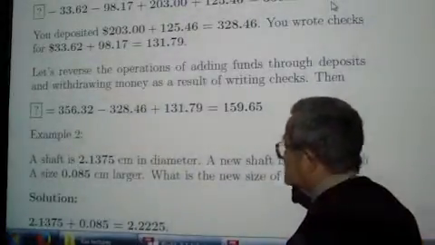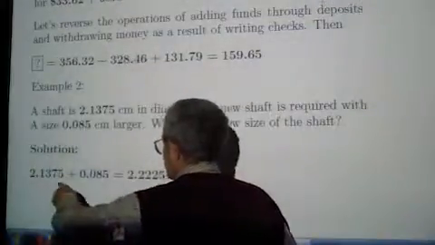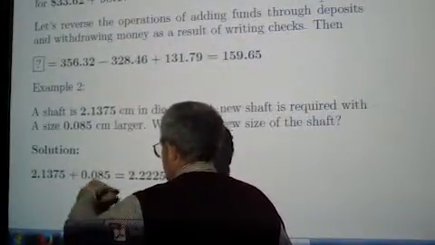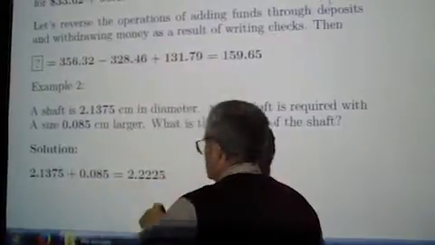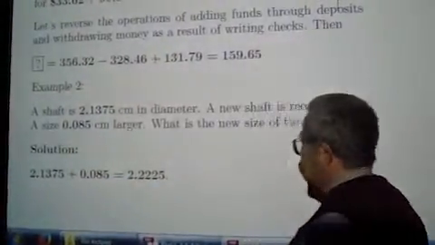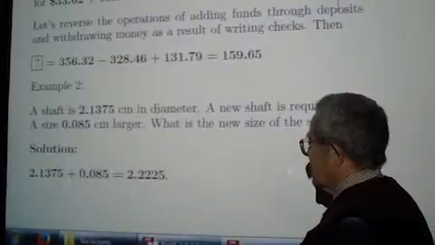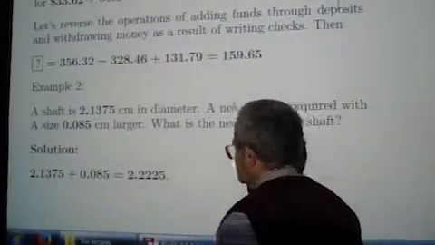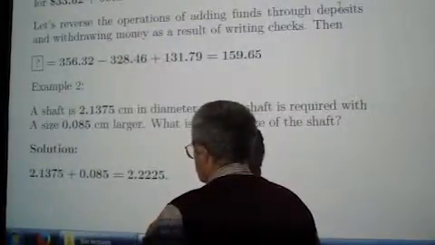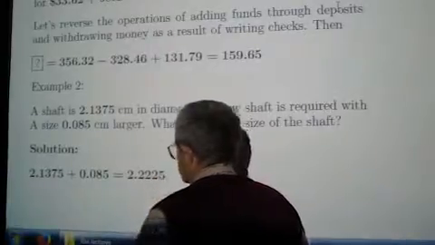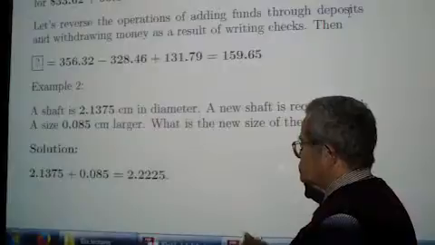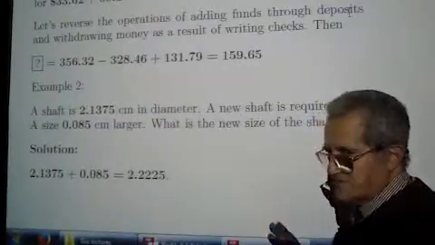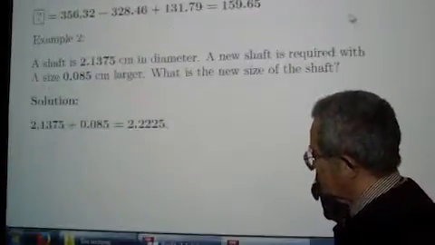Well, the new size is the old size, 2.1375, plus the increment, 0.085, which is 2.2225. Although it's easier to say 2 and 2225 ten-thousandths. Don't write it that way. Just say it that way.